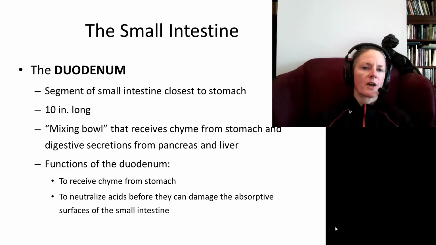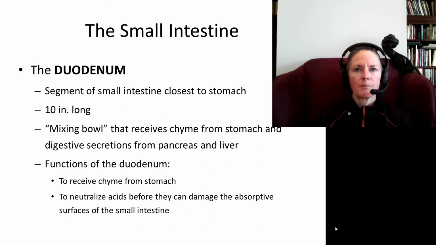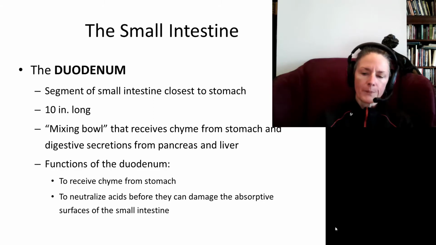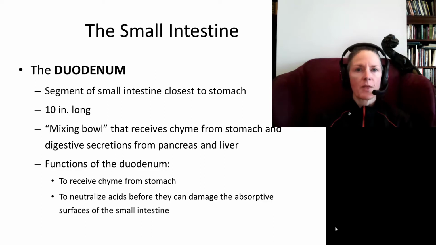So the duodenum, as we've said, is that first 10 inches or so that's receiving all the chyme from the stomach, as well as enzymes and buffers from the pancreas, such as bicarbonate, and also our bile. One of its main functions is to neutralize the acids before they move on further through the small intestine.